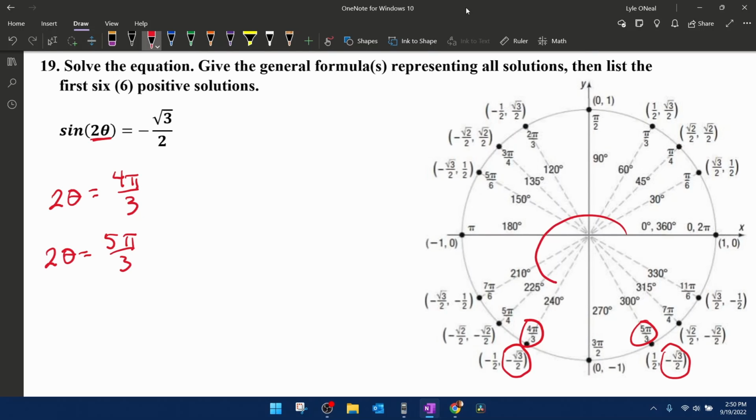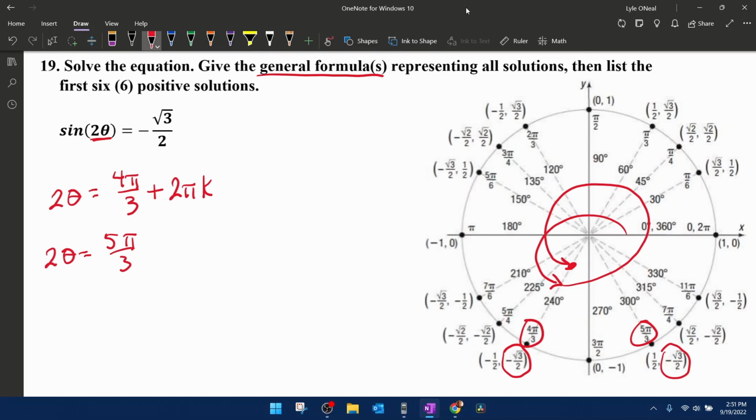Remember, if you go to here, you've got an answer. But then if I make a full circle and return here, it's another answer. So what is a full circle? Well, it's 2 pi. So this is an answer plus 2 pi k, where k is an integer. That would represent all of the solutions.